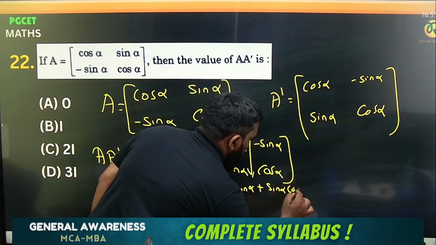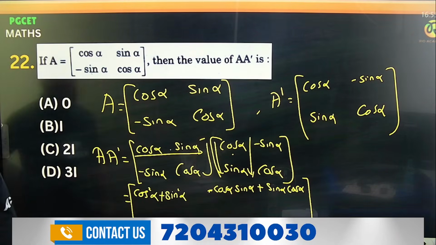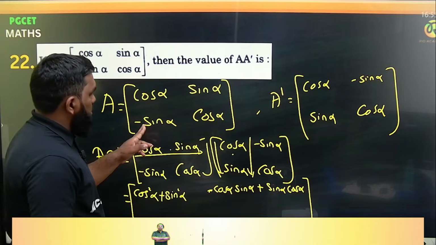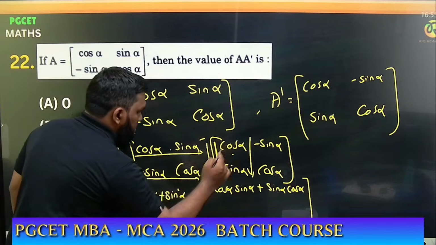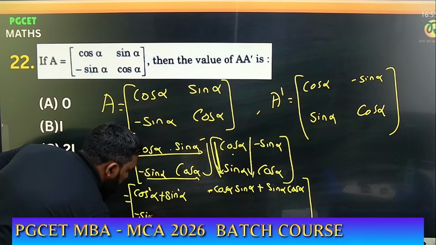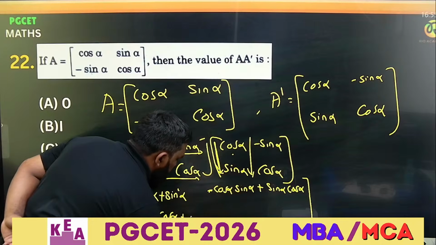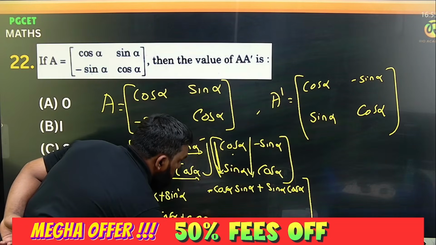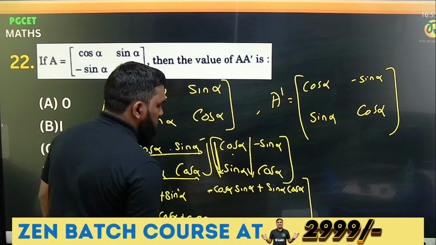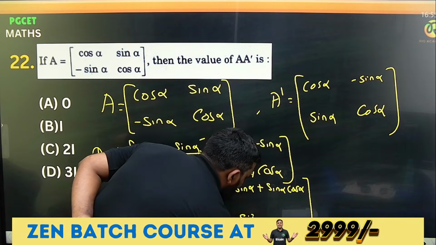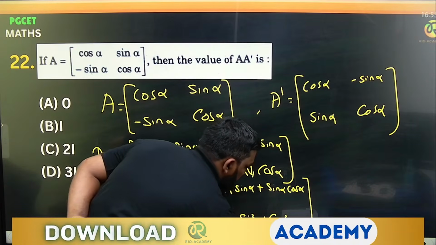Next, second row, first column: minus sin alpha into cos alpha plus cos alpha into sin alpha. Again, minus sin into minus sin, plus sin square alpha, plus cos alpha into cos alpha, cos square alpha.